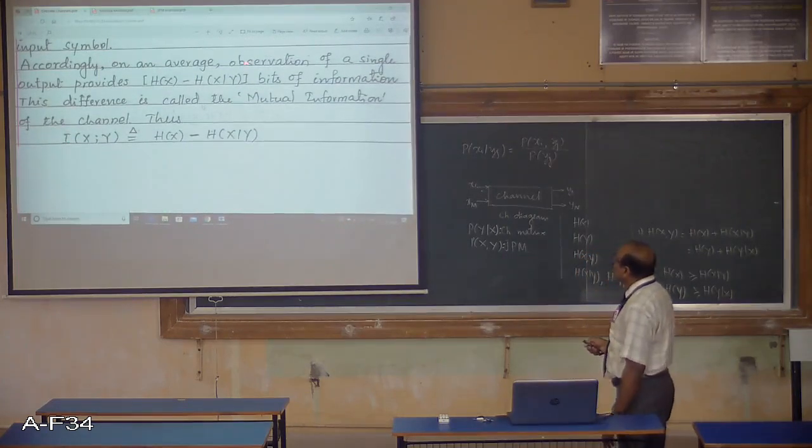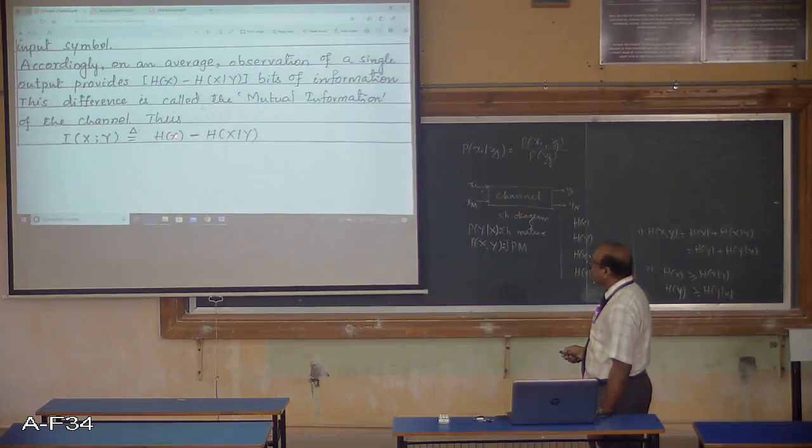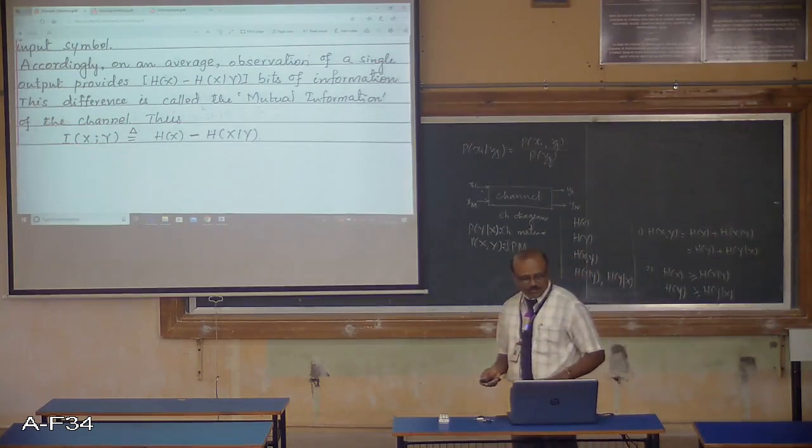On an average, observation of a single output provides H(X) minus H(X|Y) bits of information, and this difference is what we call the mutual information of the channel, defined by the difference between these two entropies: the average information needed to specify a particular input symbol before observing the output and after observing the output.